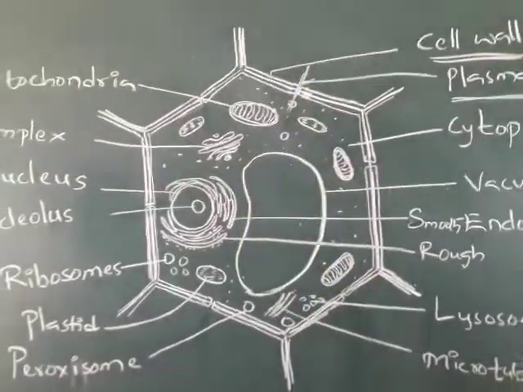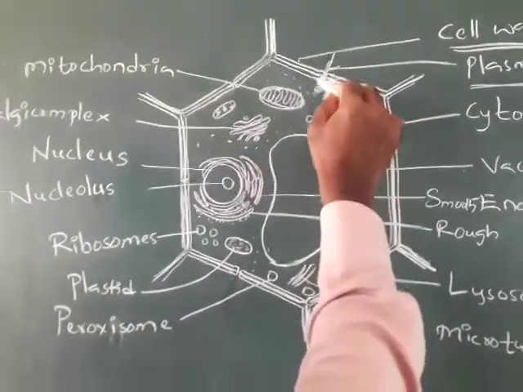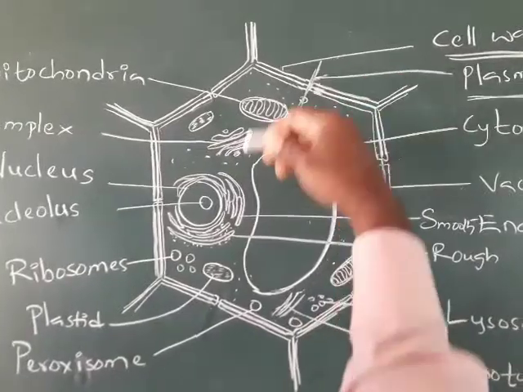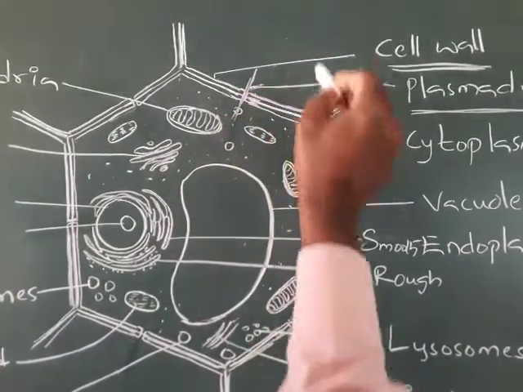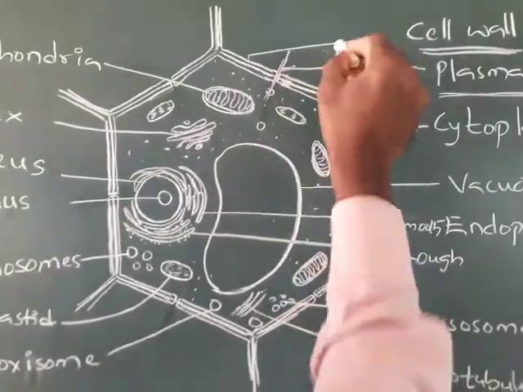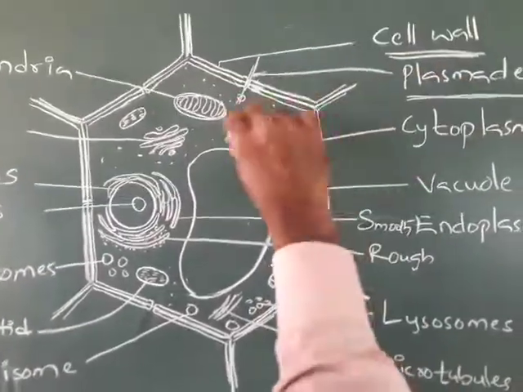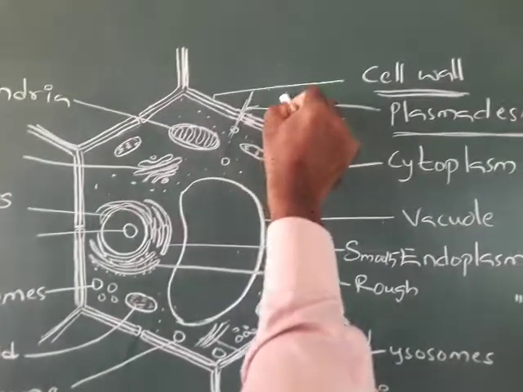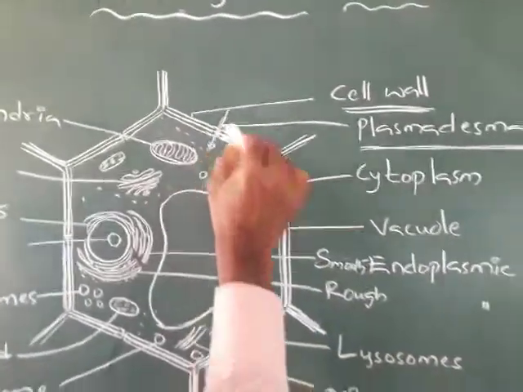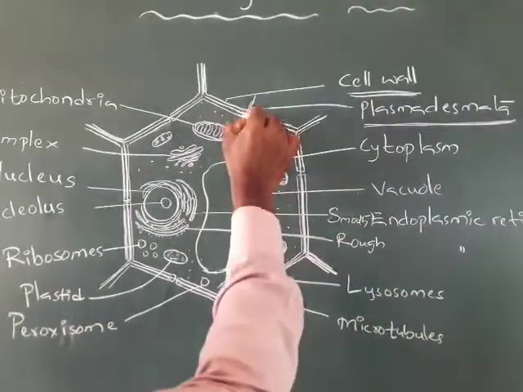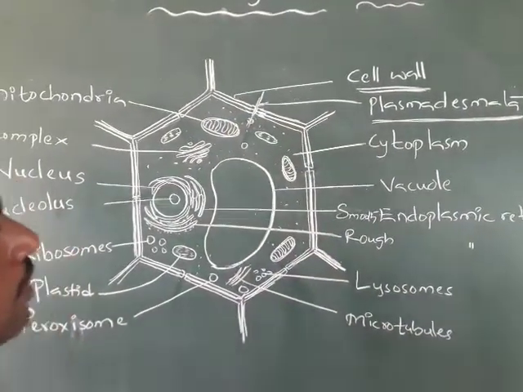Molecules go through the plasmodesmata from one cell to the other cell. So they are called cytoplasmic bridges.